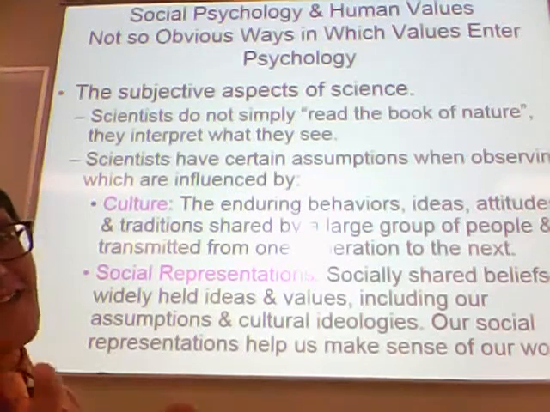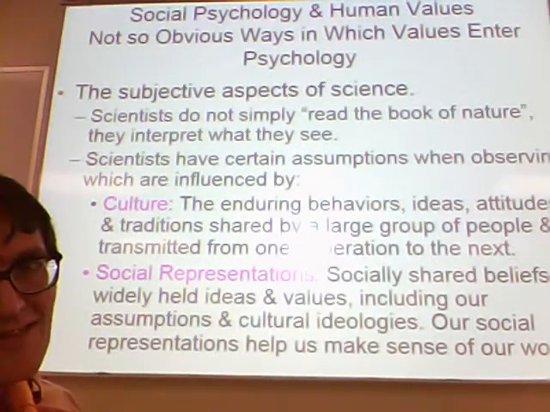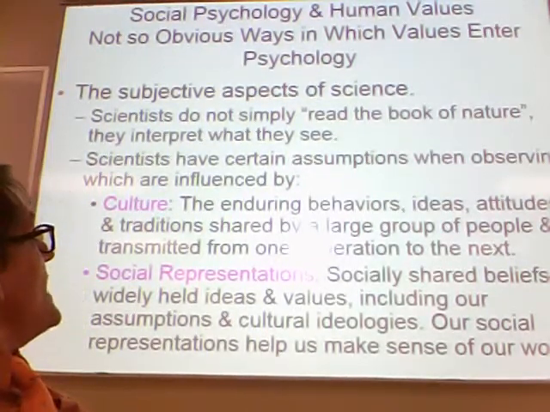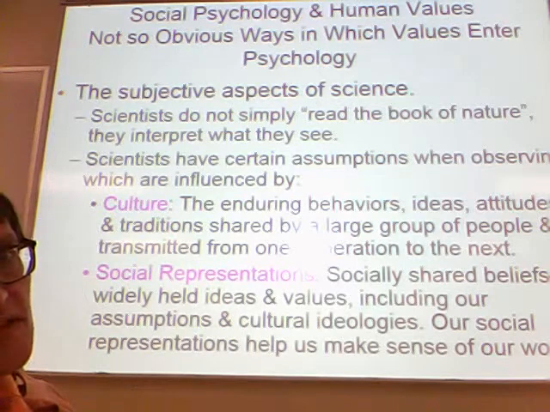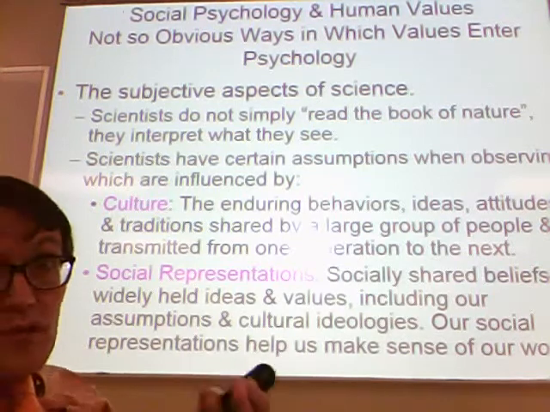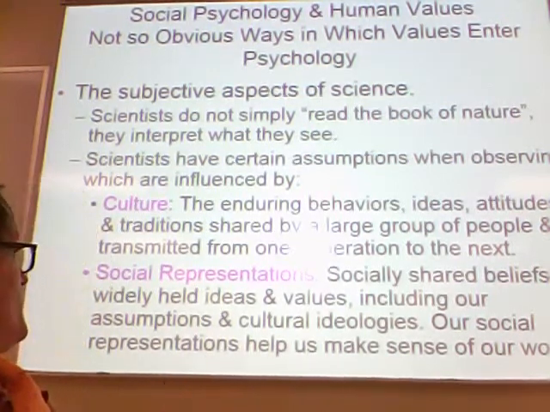But the fact is, I'm going to design studies which are designed to support my theory. Or designed to test my theory, I guess. But anyway, we find that these assumptions are there, and these assumptions can often be influenced by culture, all right? Again, we make assumptions about what we expect to find based on the culture that we grew up in.